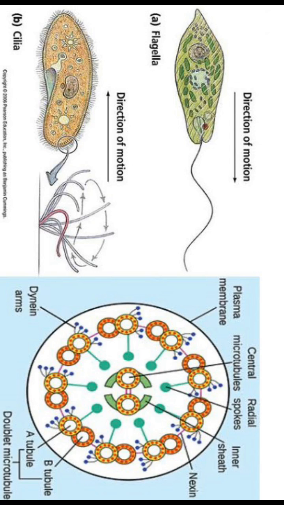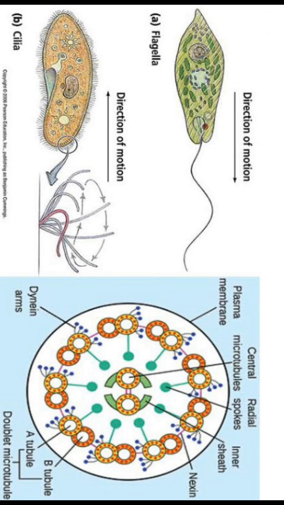Understood? Next, the axoneme usually has 9 pairs of doublets of radially arranged peripheral microtubules. So 9 pairs of doublets. Doublet means 2, right? So there are a total of 18 microtubules, but they are present as doublets, 9 in number. So these 18 microtubules are present as 9 pairs of doublets.